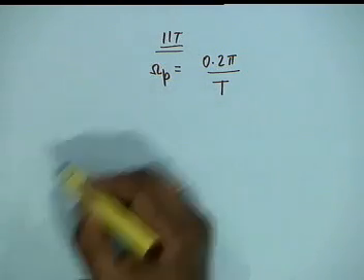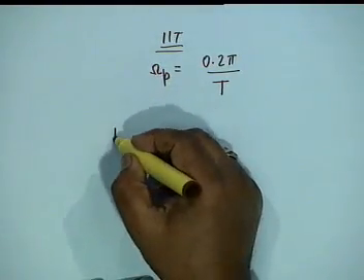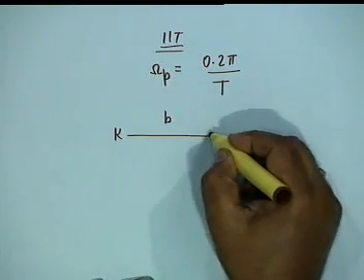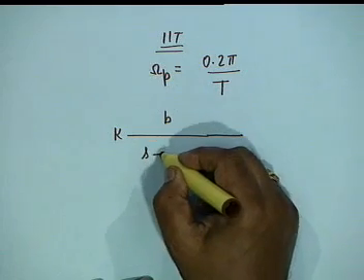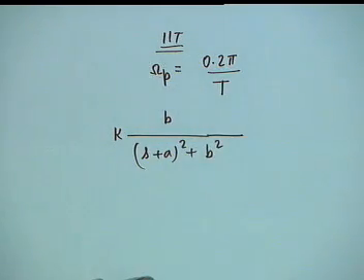Then you express the transfer function, the same transfer function, in the form k b divided by s plus a whole squared plus b squared. Take out some constant. The numerator was a constant.